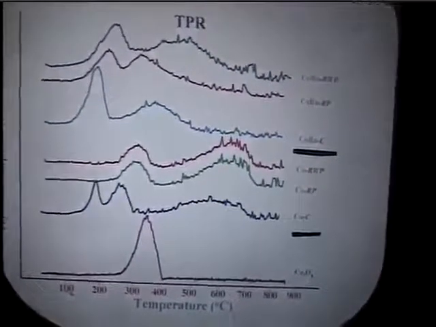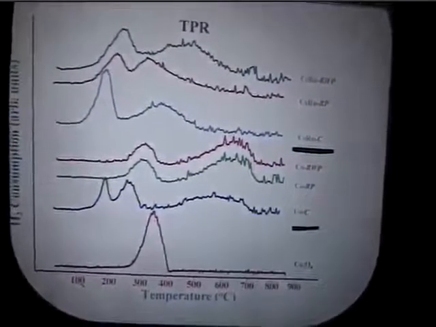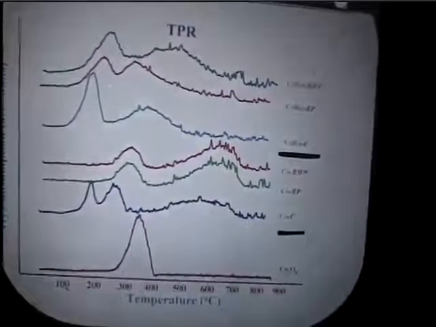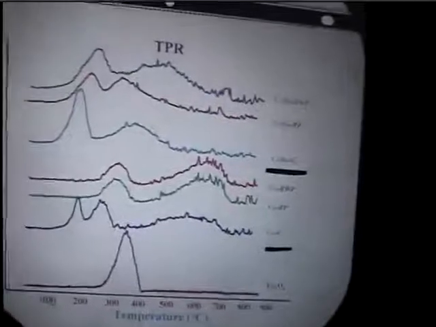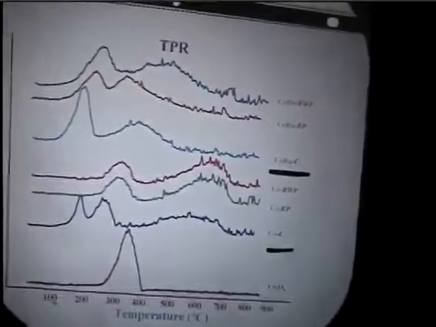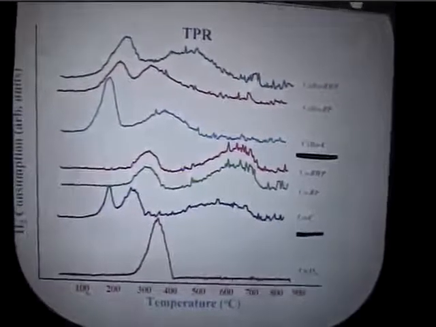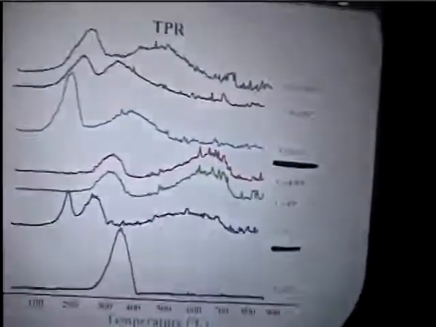Basically, two steps of reduction can be seen, except for the calcined cobalt catalyst, which has a three-step reduction. The first step at the lower temperature is assigned to the reduction of Co3O4 to CoO and CoO to cobalt metal. The second step at higher temperature is assigned to the reduction of cobalt species strongly interacting with the support to cobalt metal.